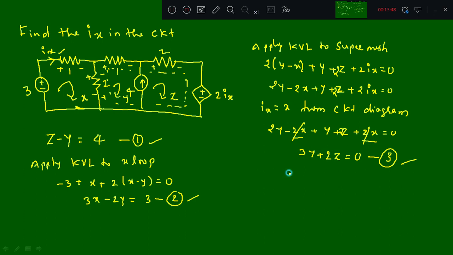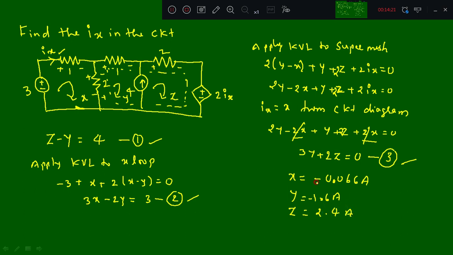x is equal to minus 0.066 amperes, then y is equal to minus 1.6 amperes, then z is equal to 2.4 amperes.